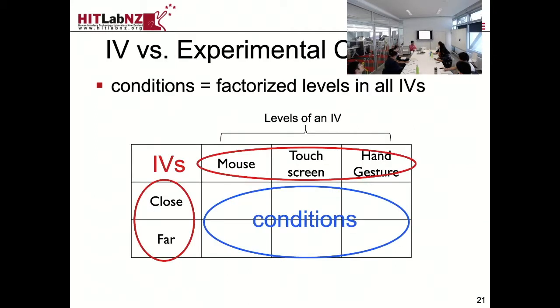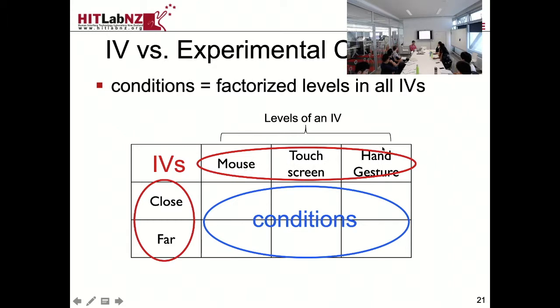So this is another example. So how many independent variables in this table? Three? There are two independent variables. Yep. So we can say this one is mouse, touch screen, and hand gesture.